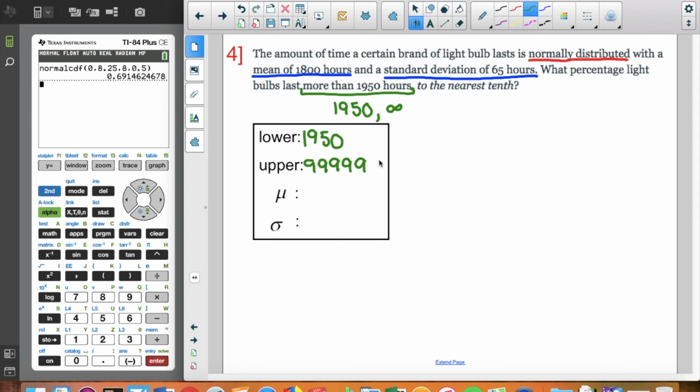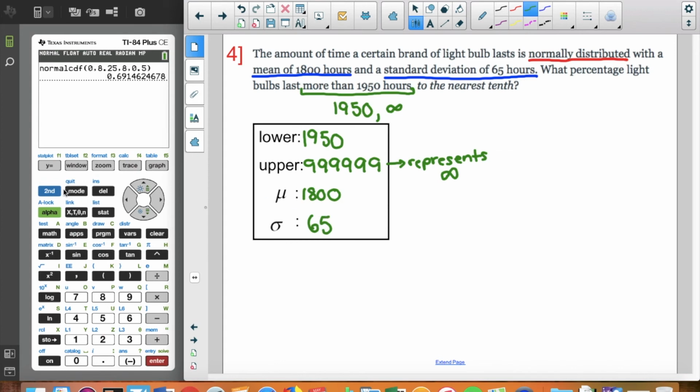However many you want, at least have 4 or 5 of them in there. This represents infinity. Okay? And our mean, like we said, is 1,800. Our standard deviation is 65.